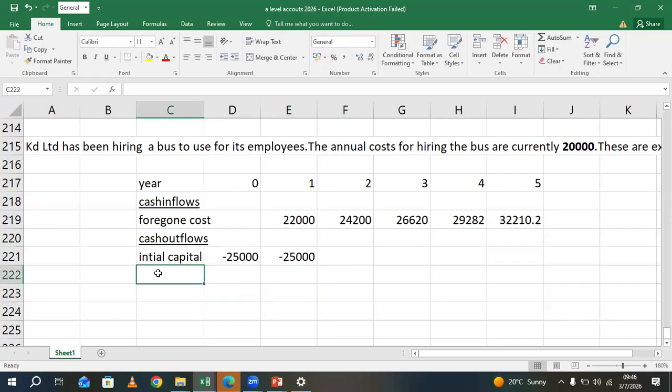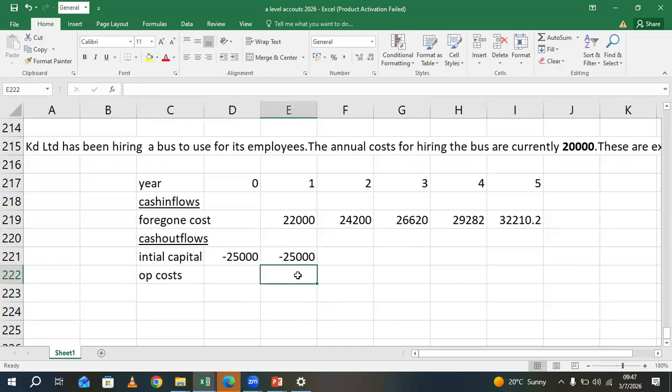Then besides the initial capital, we're going to be paying for the operational costs. But operational costs will start to be incurred when we are now operating the bus.